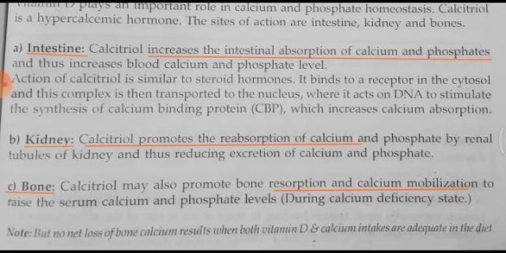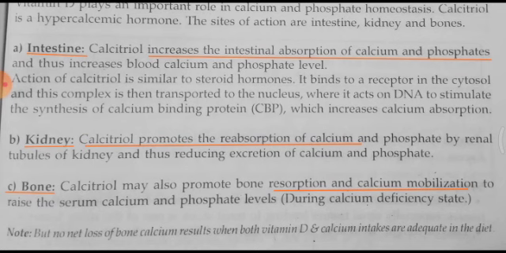The bone contains calcium and phosphate, and we should ensure that not much calcium is lost and that it is retained in the bone. Hence calcitriol may also promote bone resorption. Resorption means maintaining the calcium level without losing it, and calcium mobilization to raise the serum calcium and phosphate level.